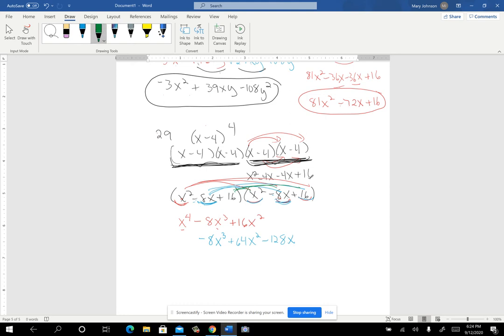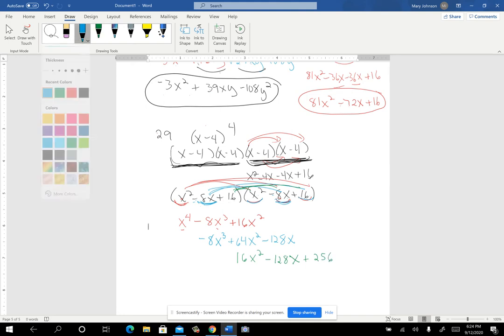So then when I go and I do the green one, I can sit there and think 16x squared, line it up under the x squared. 16 times 8, that's a negative 128, that's x. And then 16 times 16 is plus 256. I'm hoping I'm right on those. Forgot to get my calculator out.